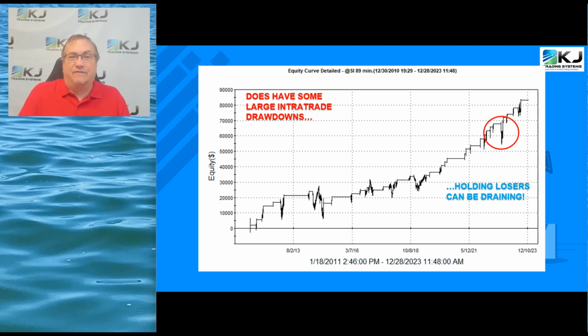It's hard to think of the closed trade equity curve, that, oh well, the last 10 won, so this one will probably win, when you're in a big drawdown. You start wondering, is the system broken, and those kind of things. So there is risk here. It's not as good as it looks initially with just the closed trade. So that's why I always caution people to look at the detailed equity curve, just so you know what you're getting into.